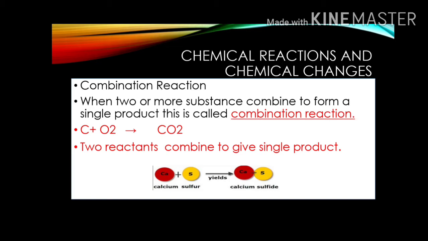Carbon plus oxygen. When they react with each other, then one single substance is formed, that is carbon dioxide. So in brief, what is combination reaction? 2 reactants combine to give one single product. So calcium plus sulfur, they give calcium sulfide.